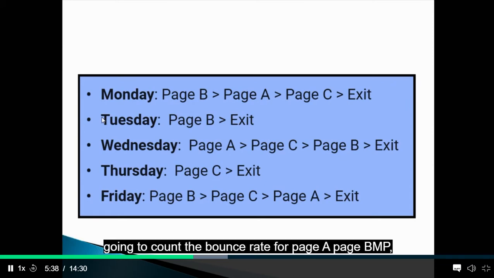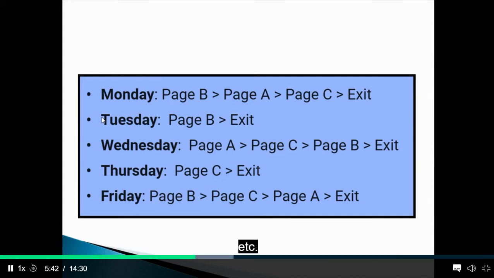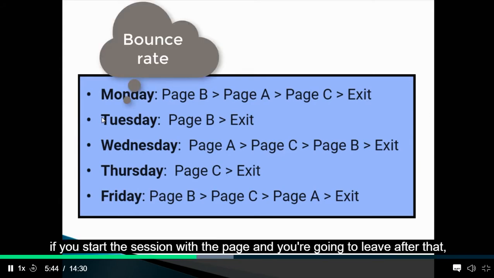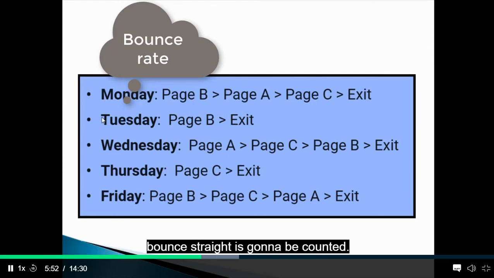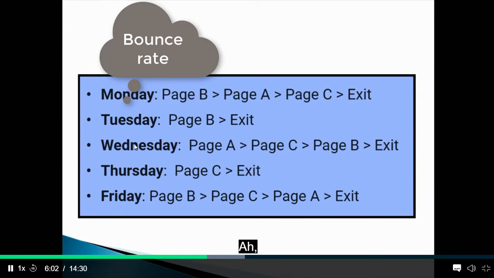Okay, now we are going to count the bounce rate for page A, page B, and page C. As I told you, if you start the session with a page and you leave after that, bounce rate is counted. Look at this example. We've got three pages, A, B, C. Let's see when we start with page A, what happens.